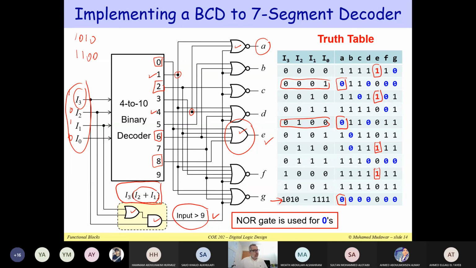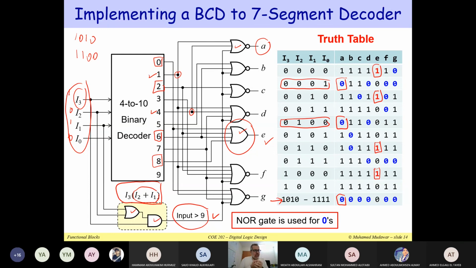So you see that with just one decoder plus a few extra gates, we can implement a BCD to 7-segment decoder, without going into the details of how we need Karnaugh maps, minimize equations, and extract the common sub-expressions or terms to minimize the logic. We can do it very easily.